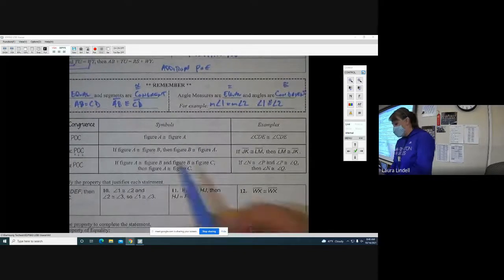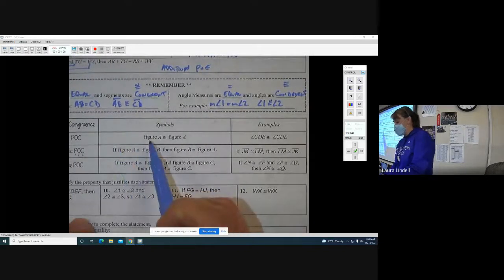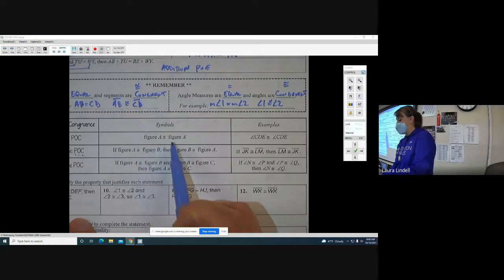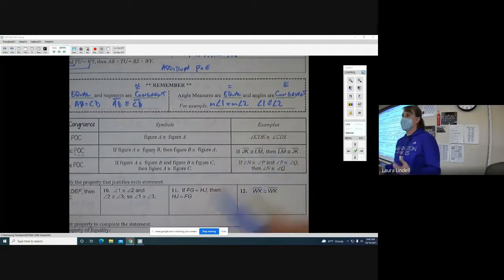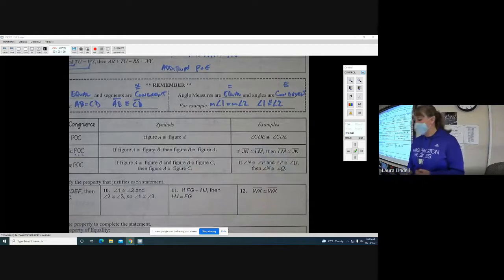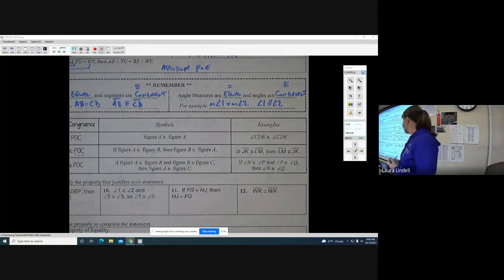For example, with the reflexive property of congruence, you could say figure A is congruent to figure A, or angle CDE is congruent to angle CDE. Something being congruent to itself is the reflexive property of congruence. Same thing with the symmetric property of congruence. It's the thing that says you can switch the order of things that are congruent. So it's basically all the same properties of equality except with congruent symbols and things instead of numbers.